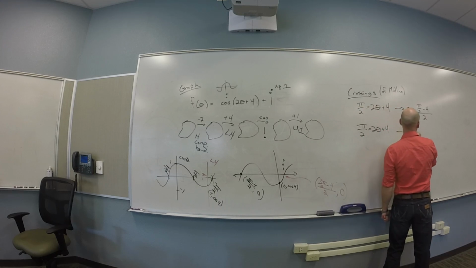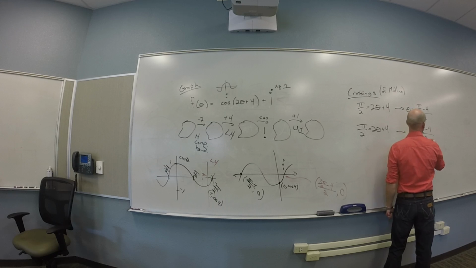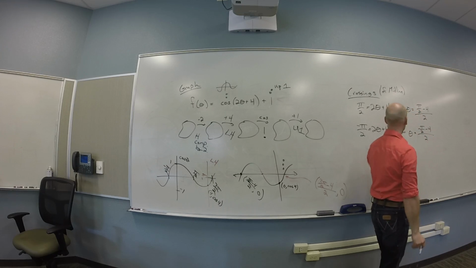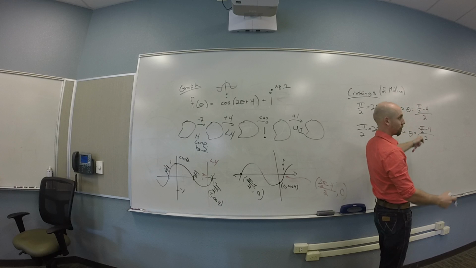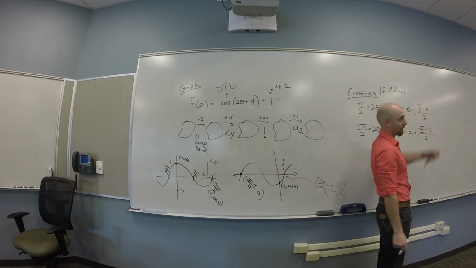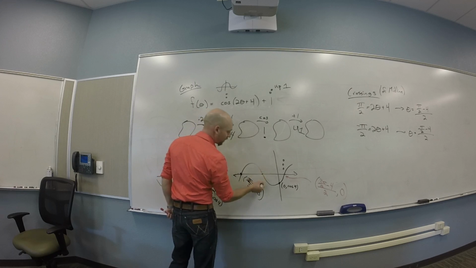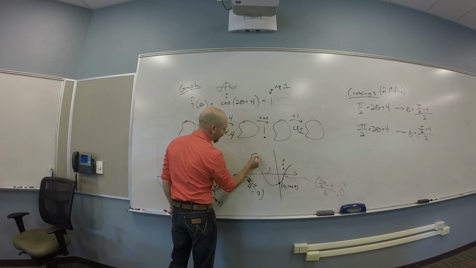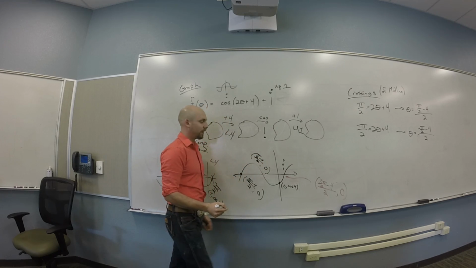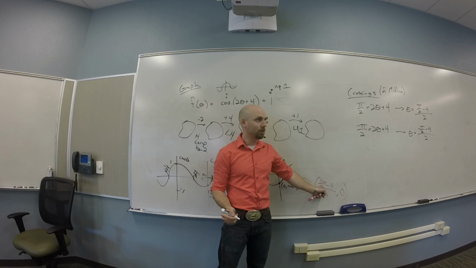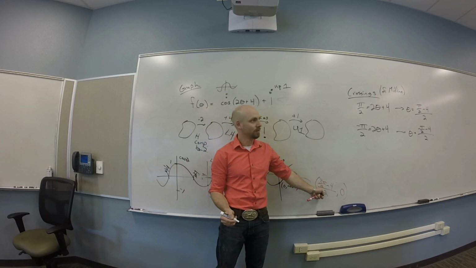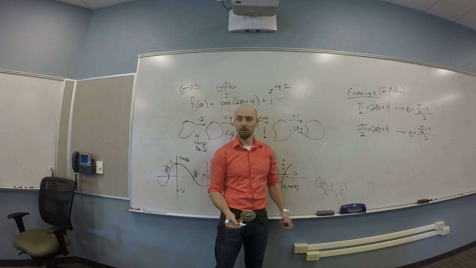So you're going to get theta is minus pi over 2 minus 4 over 2, which is more negative than that one, which clues me in that this one is left of that one. So really, that one's here. This dude there is at pi over 2 minus 4 over 2 comma 0. And then this one's what you'd get if you plugged in 3 pi over 2 and solved. You guys kind of with me on this?